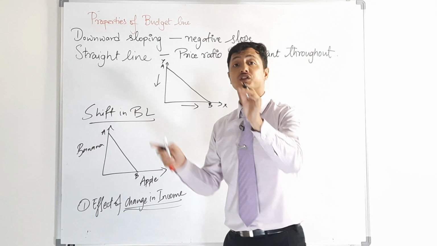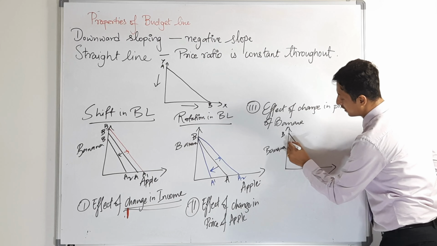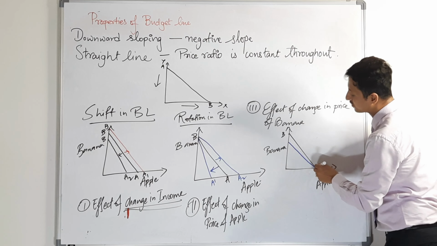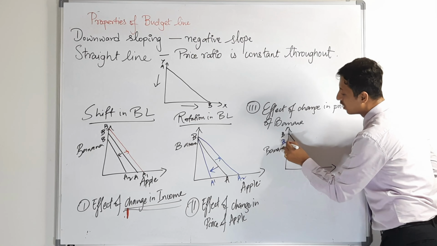BA being the initial budget line, if the price of banana increases, then we'll be able to have less of banana, and the budget line will rotate towards the left. There will be B1A, and if the price of banana decreases, we'll be able to have more of banana, right? So the budget line will rotate towards the right, to B2A, okay.